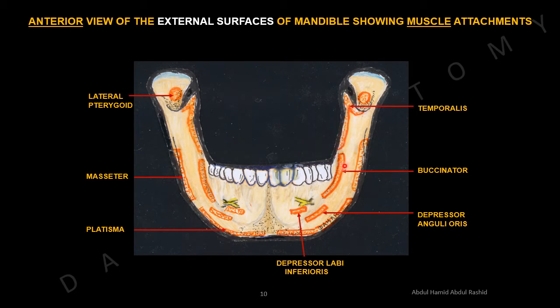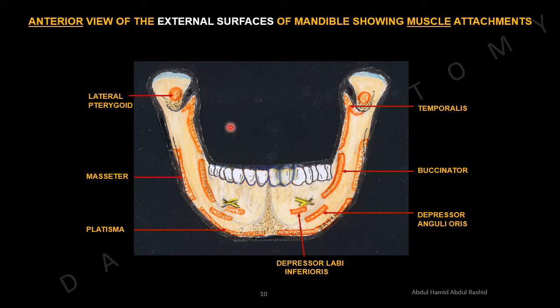Continuing down is the buccinator muscle on each side. If we come down some more is depressor anguli oris, by which the angle of the mouth is depressed downwards. And next one is depressor labii inferioris, by which the inferior lip of the mouth is depressed.